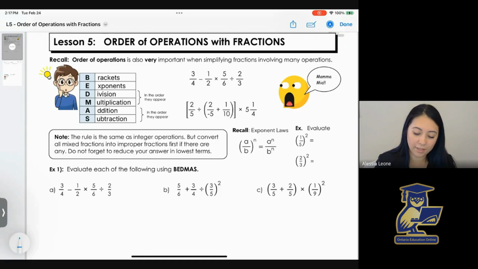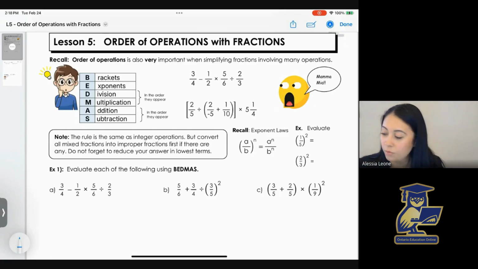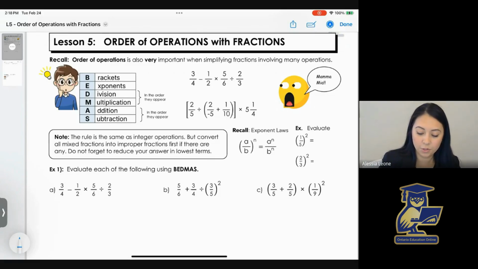On the right there, under recall, there's just a little note about exponent laws, and I quickly want to look over that exponent law together. So 1/5 to the power of 2. This is showing us the power of 2 goes to the numerator and denominator.